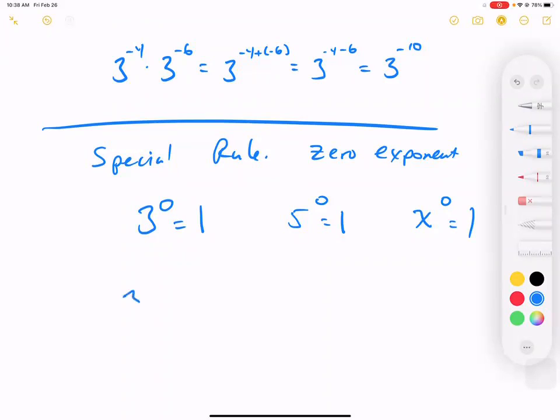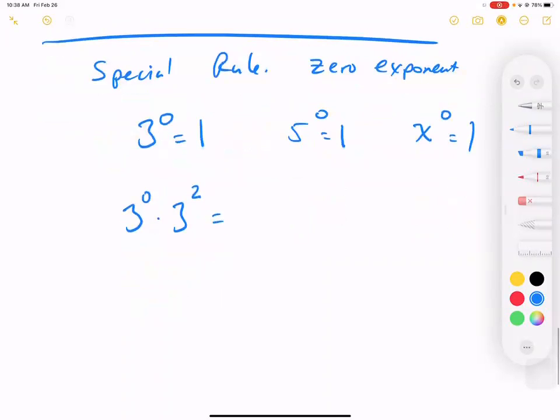So if I write 3 to the 0 times 3 squared, well, you could jump and say, hey, that's just 1 times 3 squared, which is just 3 squared. Okay, we can just jump there. But I want to show you that this still works under our adding rule. 3 to the 0 plus 2, it's not 0, it's 3 squared, which is the same answer if I just switched it to 1. Let me do that again.